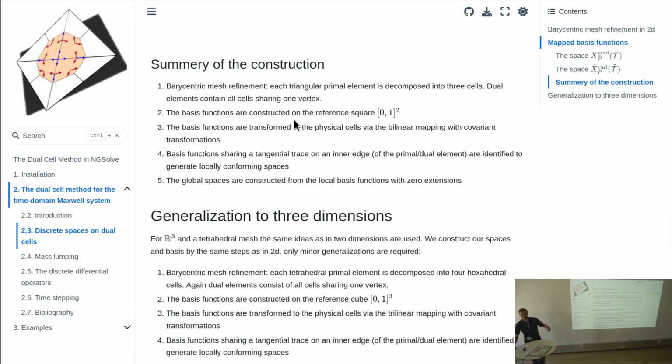What I left out here is that for the vectorial variables, we have to use Piola or covariant transformation, depending on the elements, to get the conforming spaces and to preserve the quantities we want to preserve, tangential or normal component. And we have to identify the correct degrees of freedom on each primal or dual cell. Then the global spaces are just embedded by extending by 0.